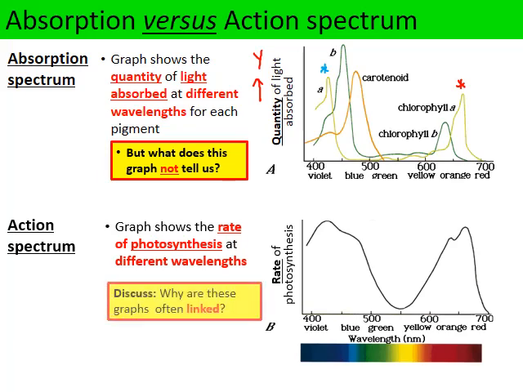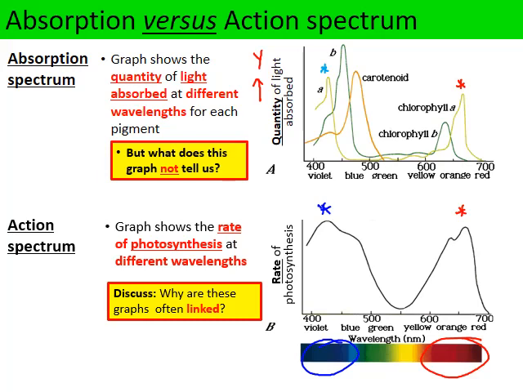Now what we can see is at the blue end of the spectrum on the left hand side, so about 400 nanometers to about 450 nanometers, we've actually got a very high rate of photosynthesis. And also on the right hand part of the visible spectrum from 600 to 700 nanometers, we have again a high rate of photosynthesis.